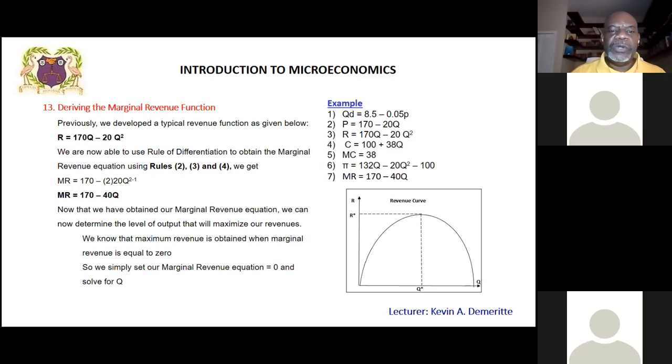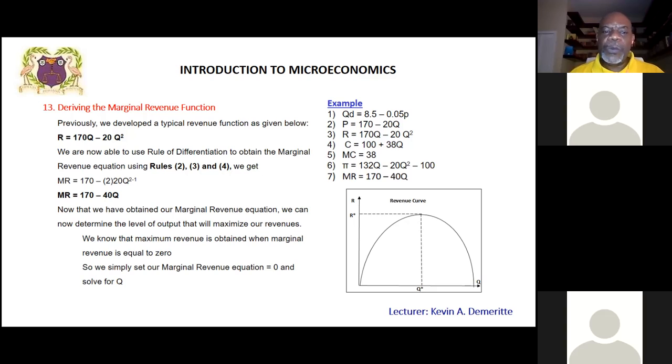And then the rule also says, well, that's step 1 of it. Step 2 says you then subtract 1 from the original power. So I had 2 as my original power. I subtract 1 from that, I end up with 1. But anything raised to the power of 1 is itself. So I end up with 2 times 20, which is my 40. And so I end up with a marginal revenue equation of 170 minus 40Q.